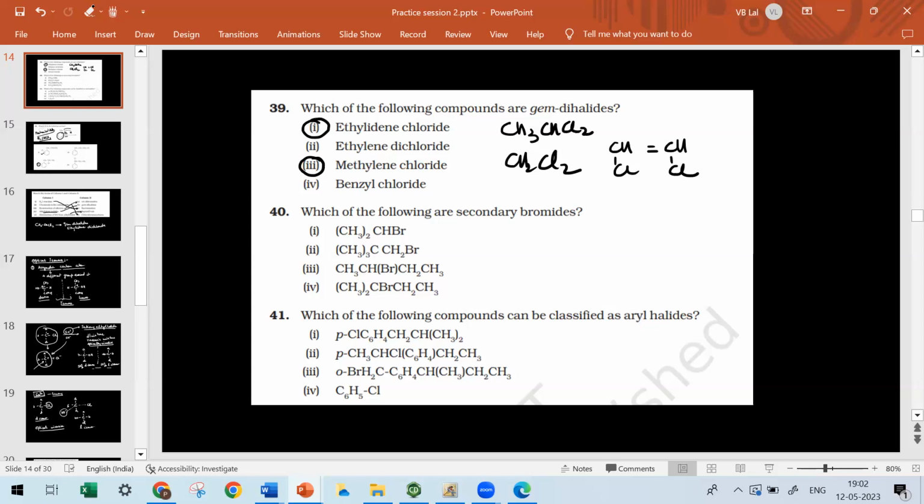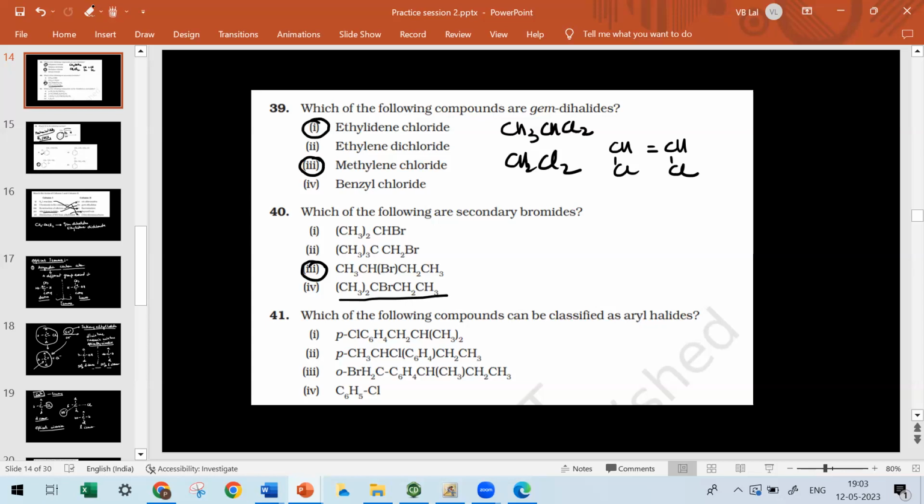Ma'am, 3. Yes, 3 is correct. And one more is there. 4. You should be able to write them in the expanded form, Vaishnavi, right?